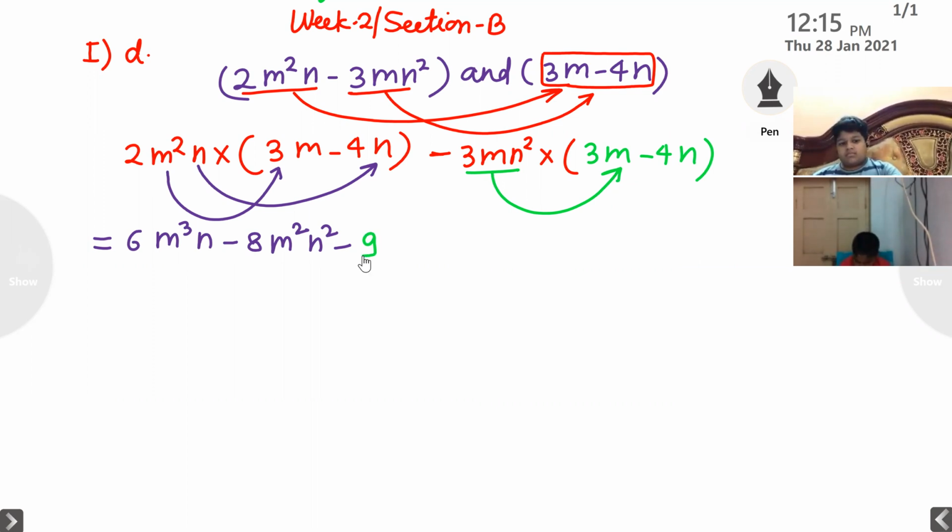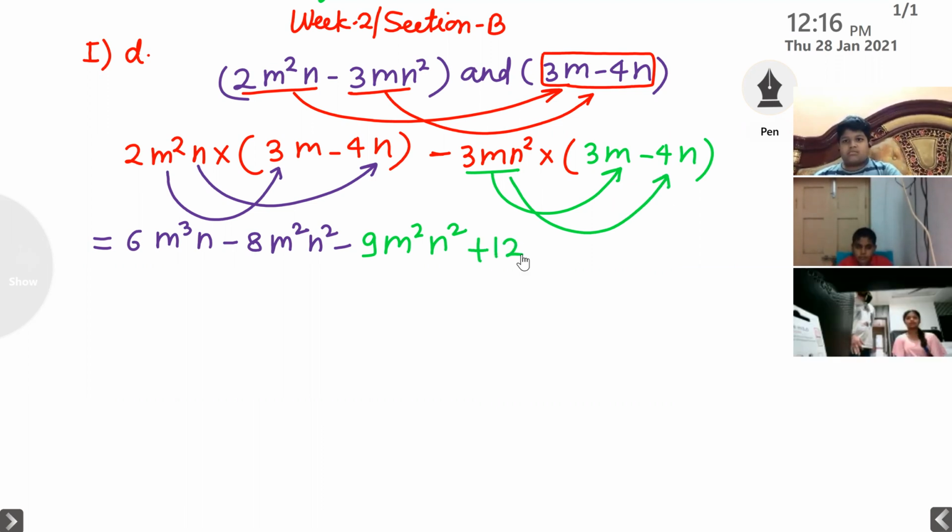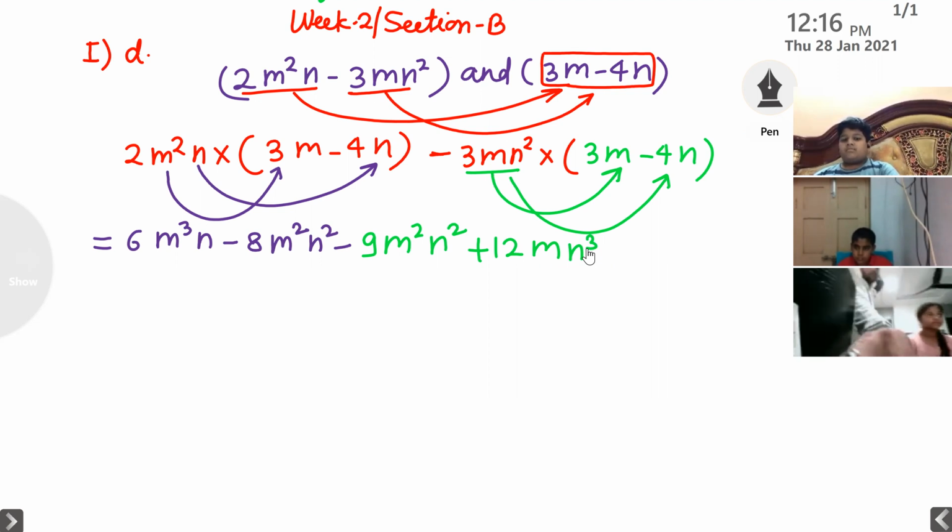M into m is m square. N square will be as it is. Now last multiplication. Minus 3 into minus 4, plus 12. M is 1. M I will write 1. N square is there here and n is there. Total n is 3. N cube. It means 6m cube n minus 8m square n square minus 9m square n square plus 12mn cube.